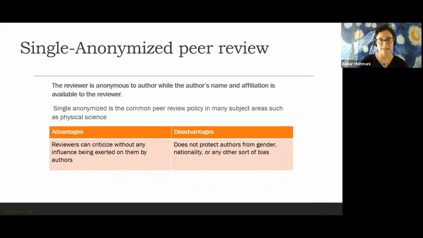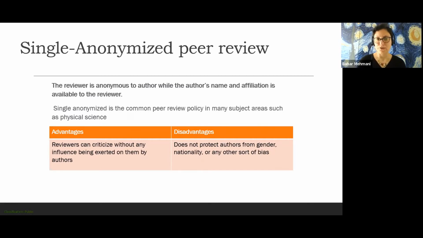The differences between different review models are also important in the peer review process. When it is single anonymized, reviewers know who the authors are, but authors are not aware of the identity of reviewers. And the reason for using such a model, very common in physical sciences and health and medicine, is that reviewers are believed to be able to criticize the work without any sense of retaliation by authors.